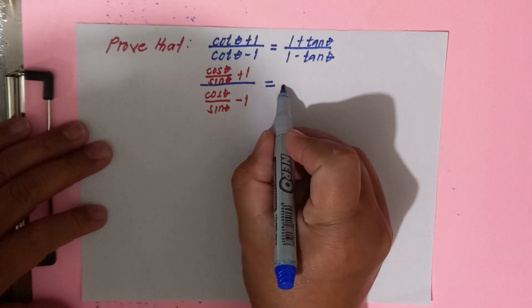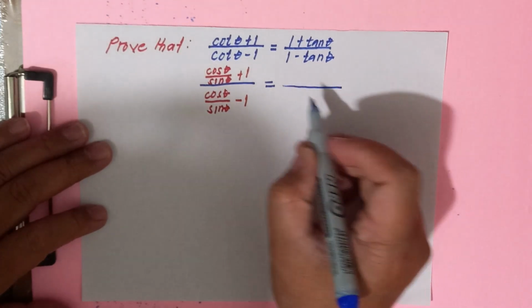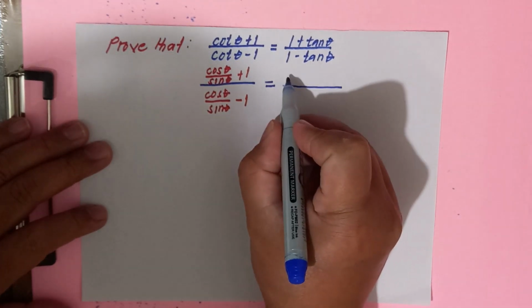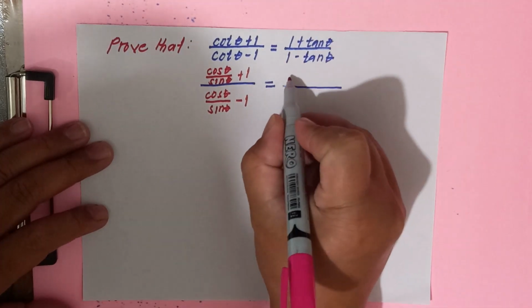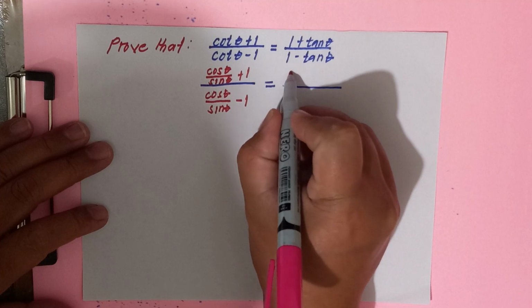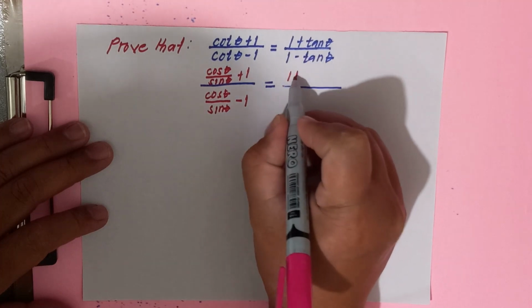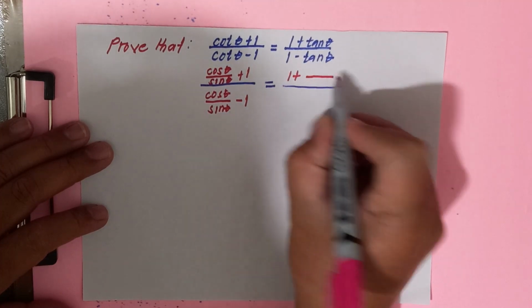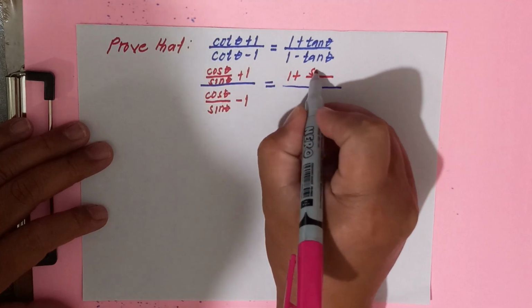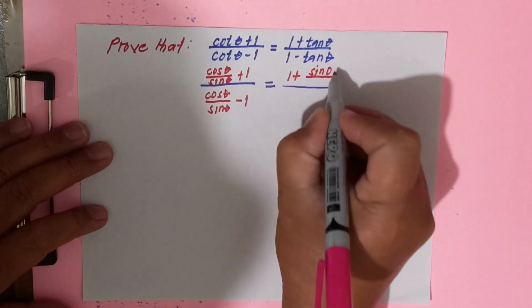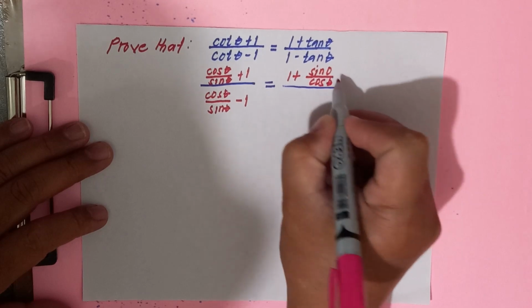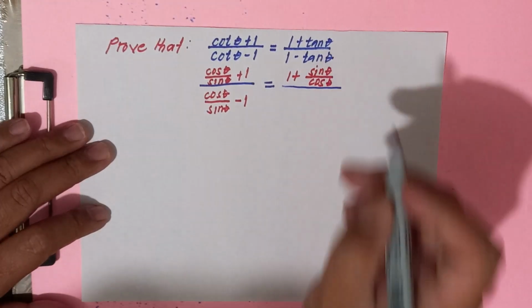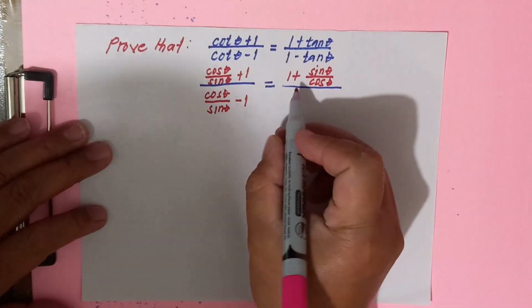At the other side, you notice that we can also have the definition of tangent theta. So let's try to have 1 plus the tangent theta, that is sine theta over cosine theta. Okay, so that is the definition of tangent. Now what about the denominator?